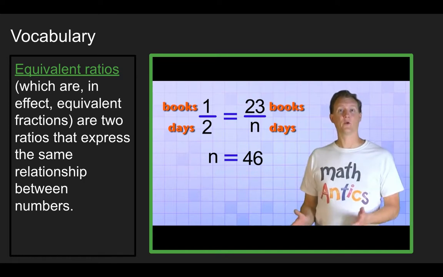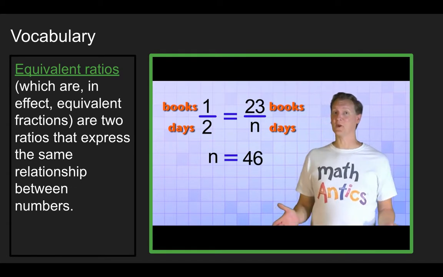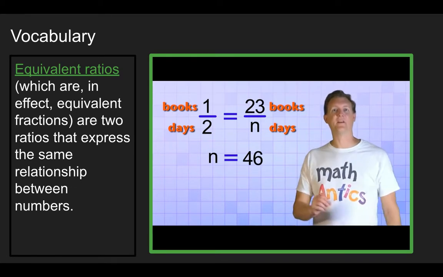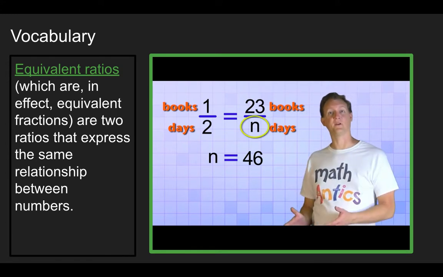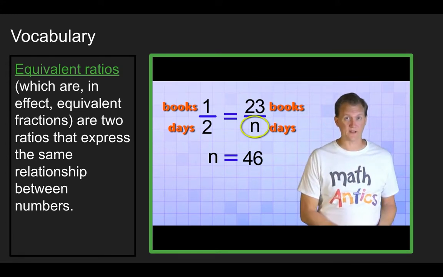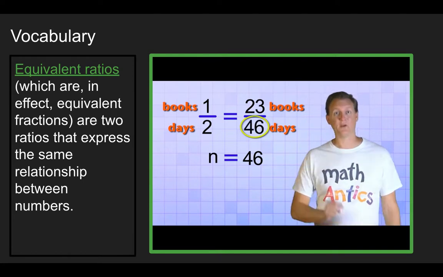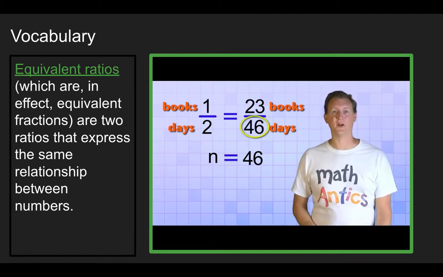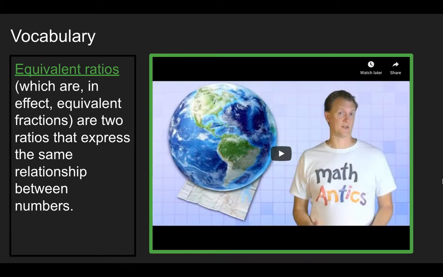And look, our equation is now n equals 46. That means that we know what n equals. We've figured out what the missing number of our proportion is. If our student can read one book in 2 days, then they can read 23 books in 46 days. We've used a proportion to solve for an unknown. All right, let's see another example.